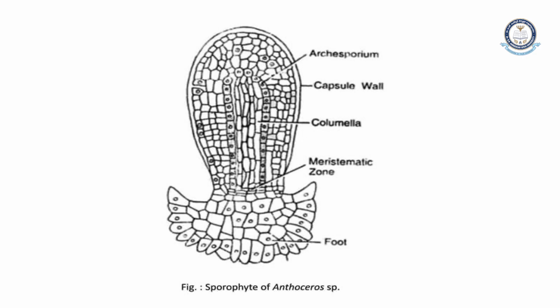In this one, foot and capsule, both sterile tissues are present, and where the seta is there, in between the foot and capsule, a meristematic zone is present. Very important characteristic features are present in Anthoceros, with the meristematic tissue starting in this one. This is a very important character for Anthoceros.